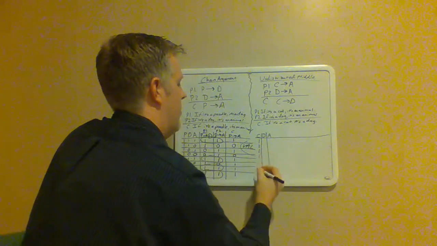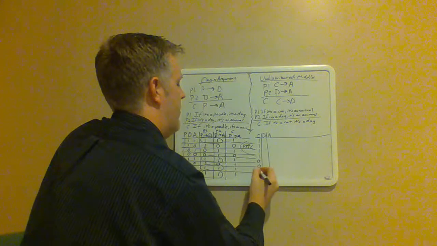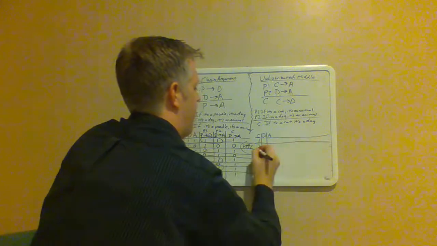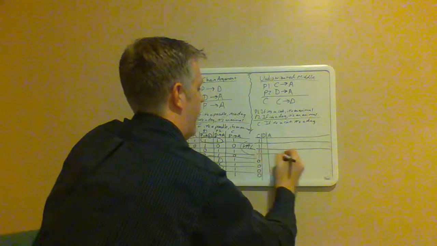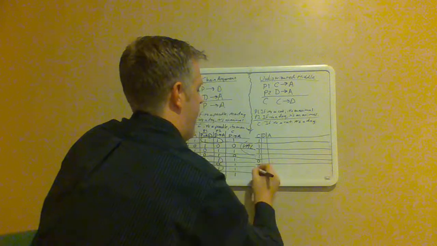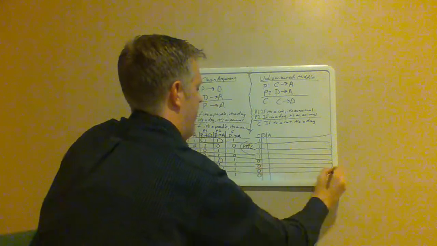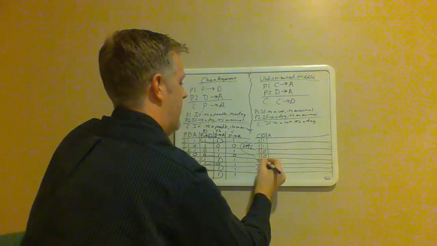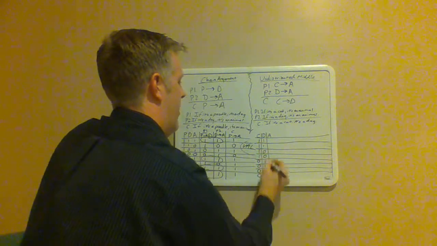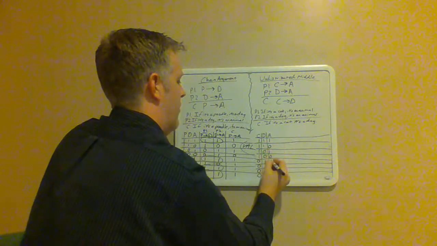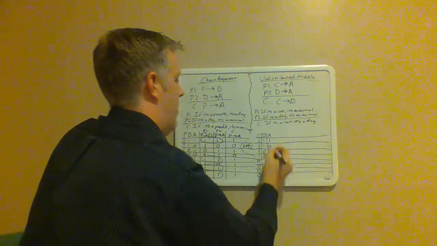So true, true, true, true, false, false, false, false. Okay, and then half that, so true, true, false, false, true, true, false, false. And then every other one, right, for that third one, true, false, true, false, true, false, true, false.